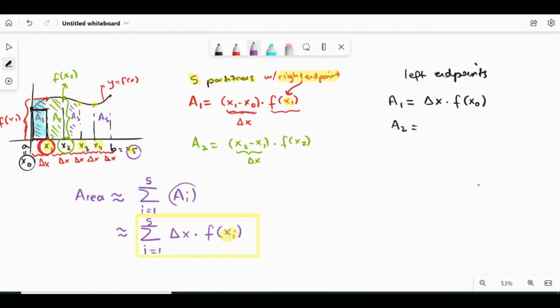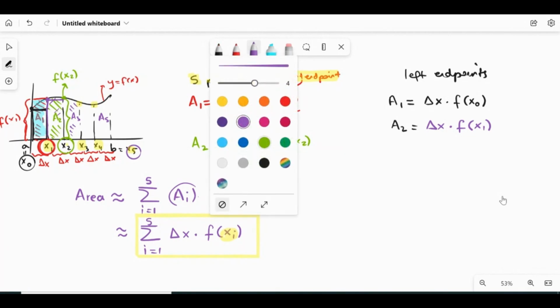And you would just do the same for the second area. So the second area now will have this point as the height. So it's going to be the width, which is constant delta x, times f of x1, which gives us the height of the second rectangle.